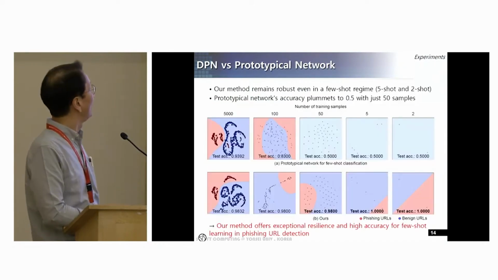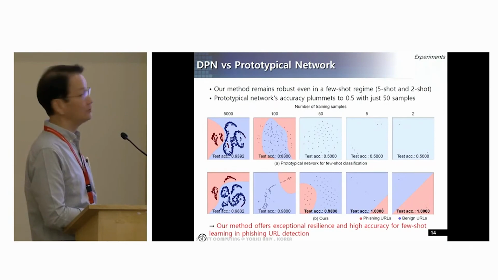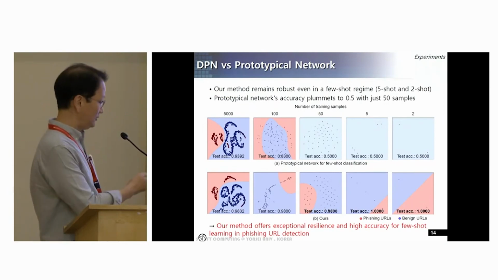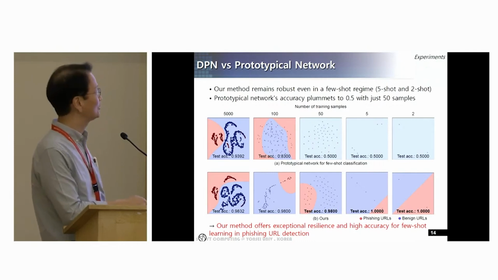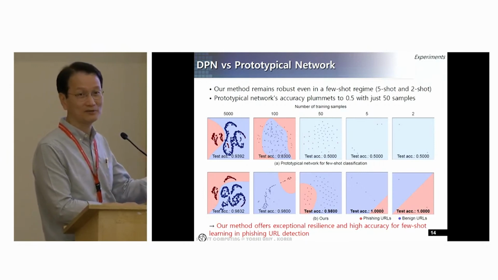First, we wanted to compare our method with the conventional prototypical network. As you see, the number at the top means the number of samples. If we use just 2 samples as prototypes, the conventional prototypical network can produce only 50% accuracy.